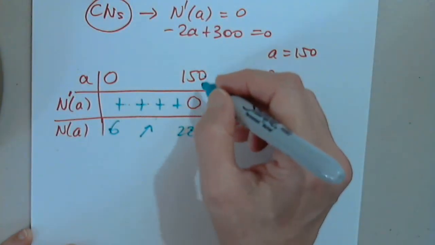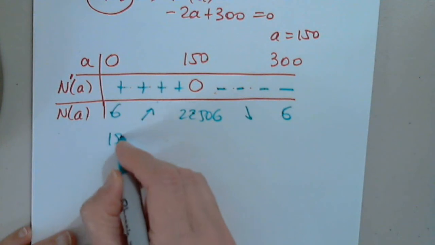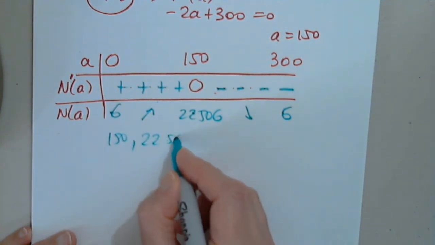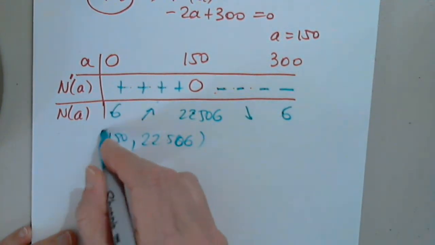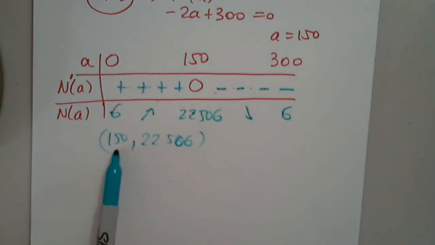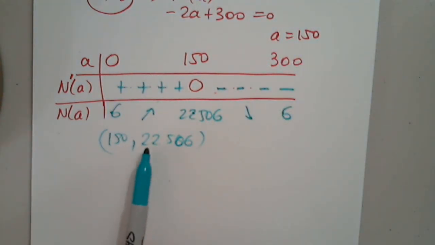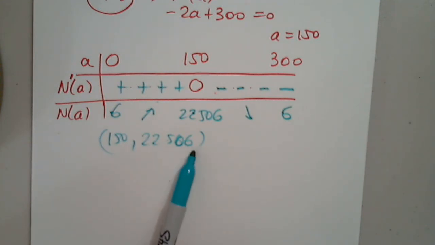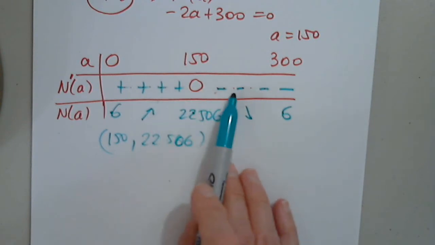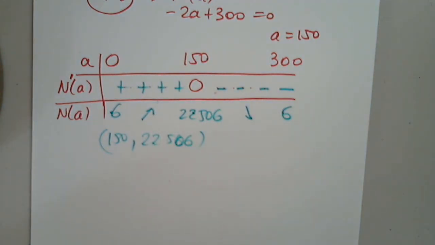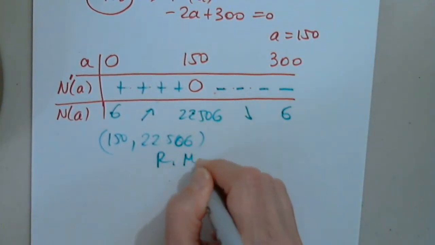What type of point is 150, comma 22,506? So A is $150,000 to sell 22,506 units. What type of point is this based on the sign of the derivative? Relative maximum. Very good. Exactly what we wanted.